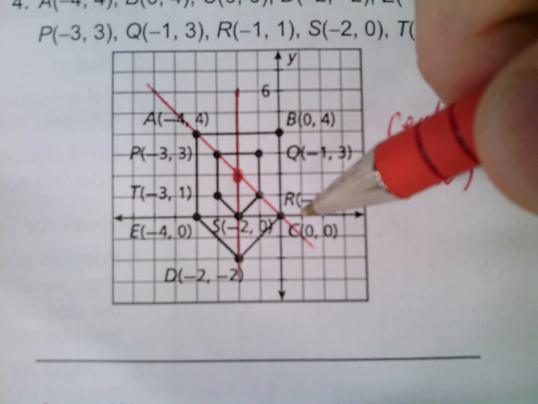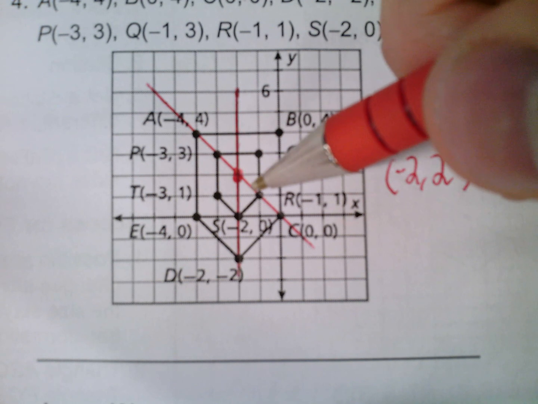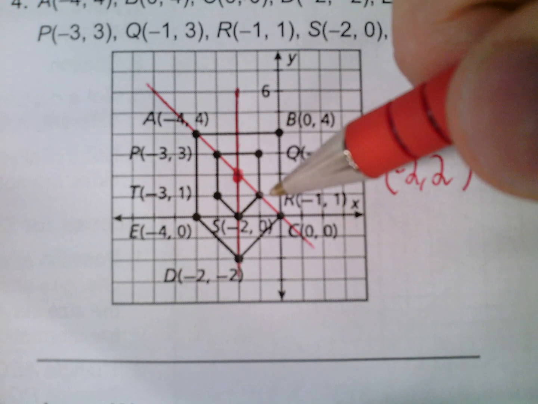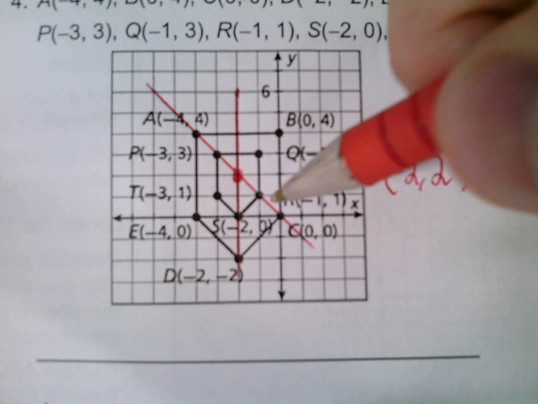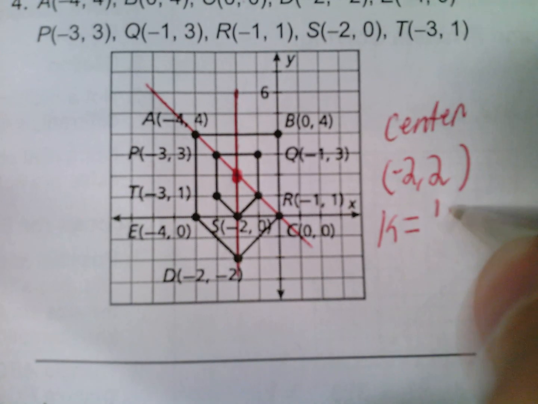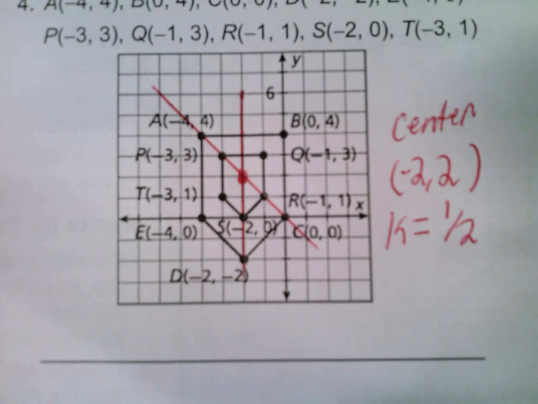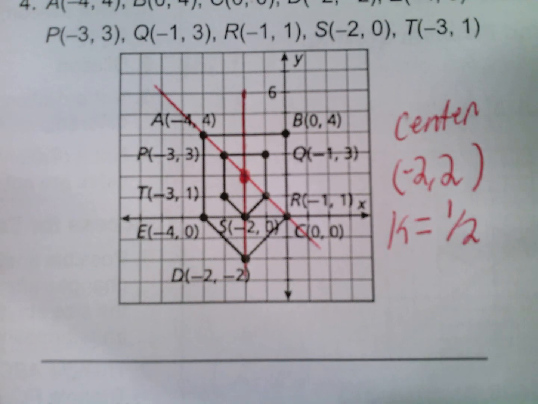I would do it twice. If I want to get to this point R, I would go down 1 over 1 once. That sounds like I went half as far. So my K here would be 1/2. And it proves that they are similar because there is dilation. Still good here?